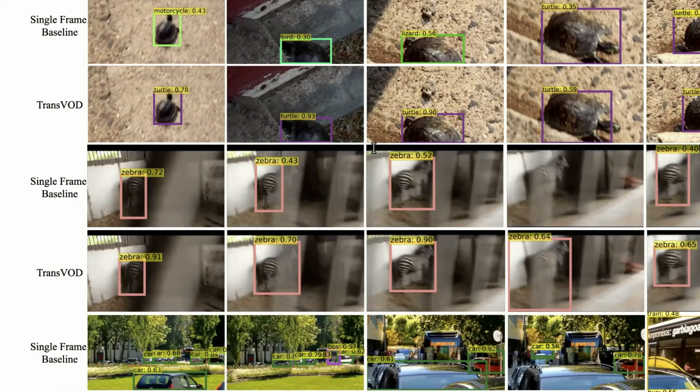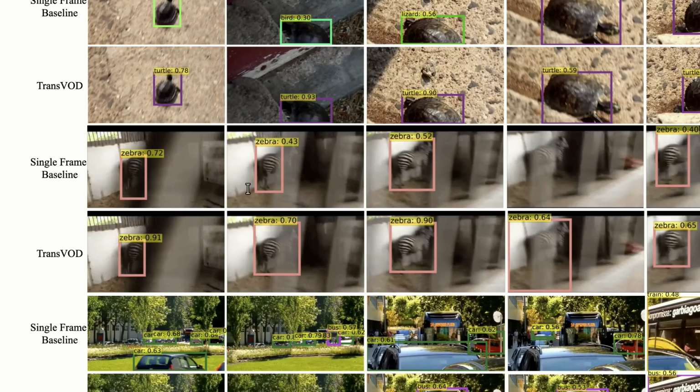Here for the zebra, where we have motion blur effects, the single frame in the first column, they are more or less the same here, but the zebra in the video object detection in the second one has the full framing of the zebra, while the first one only has its back.